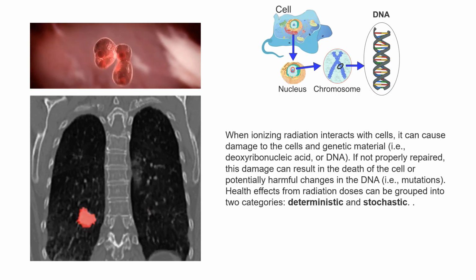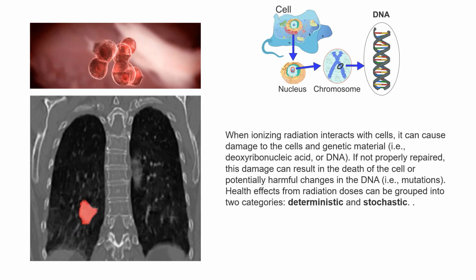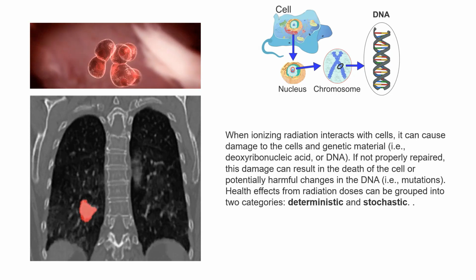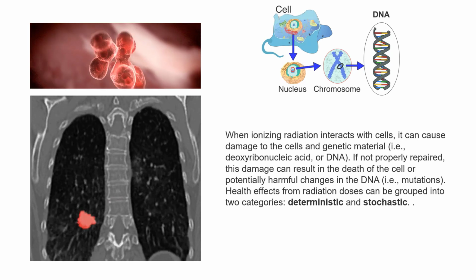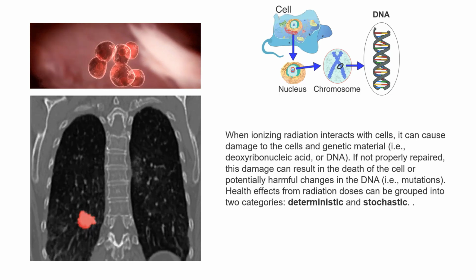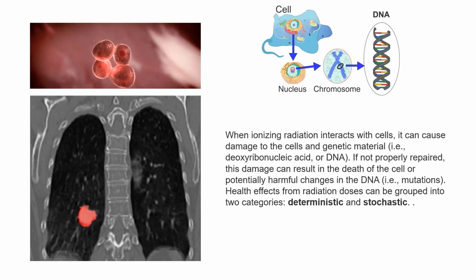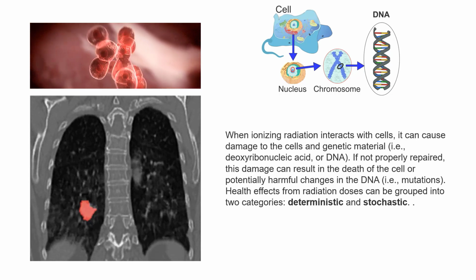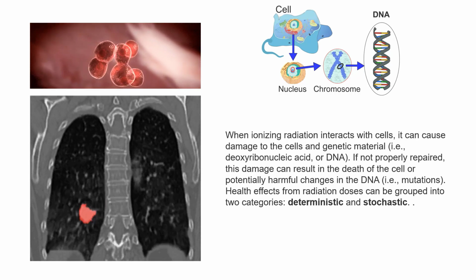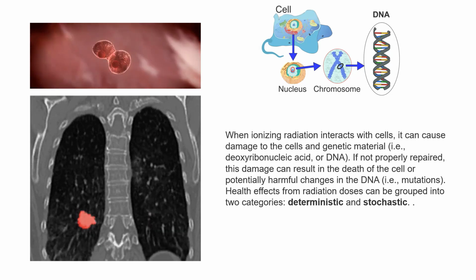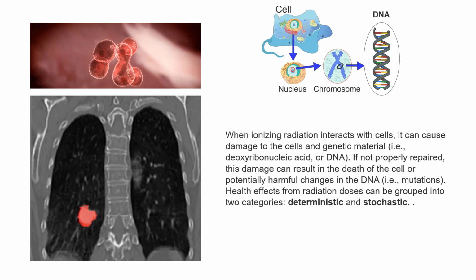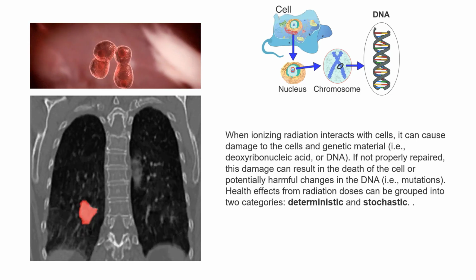Health effects from radiation doses can be grouped into two categories, as we talked about earlier, deterministic and stochastic. Deterministic means that we know with X amount of radiation, this is the outcome. With stochastic, it just says, with this amount of radiation, you could have a problem or you may not have a problem.